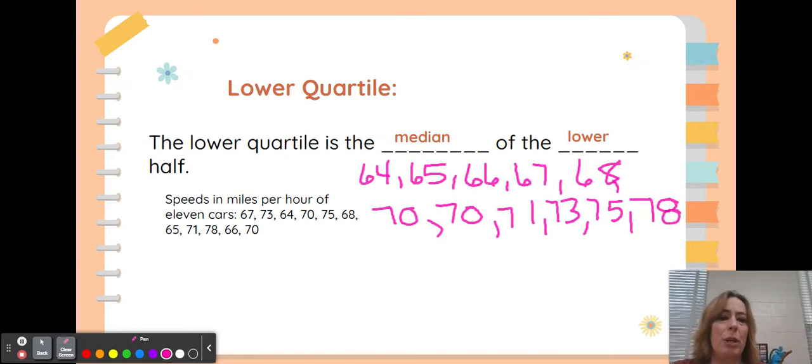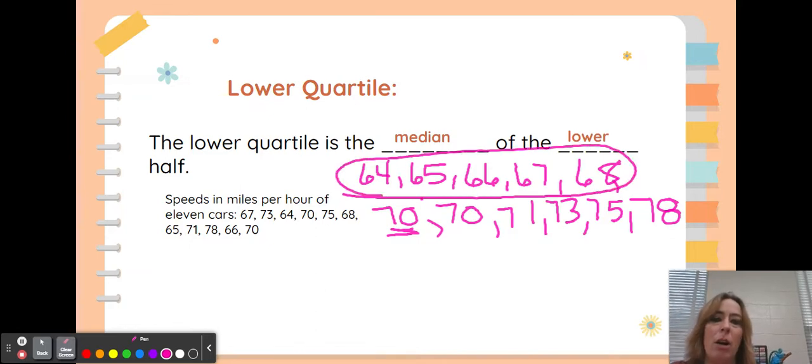Okay. Now I'm going to count them. I have 1, 2, 3, 4, 5, 6, 7, 8, 9, 10, 11. So I've got to find the middle. Well, 5, 1, 2, 3, 4, 5. Number 6 would be the middle. So the first 5 here are lower quartile numbers.